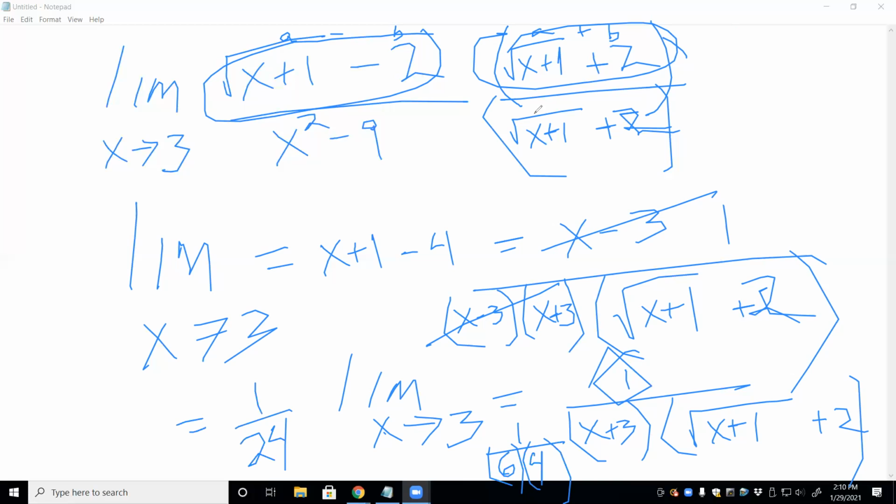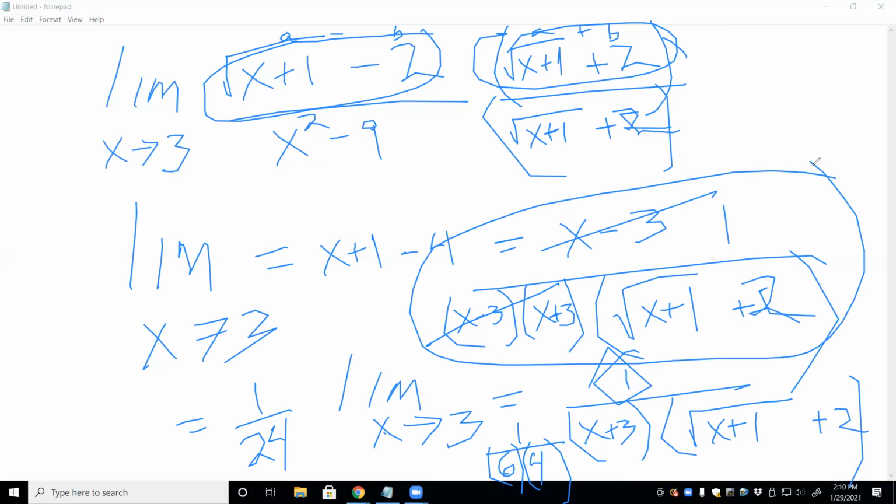We had to not only multiply by the conjugate, but then we had to factor the denominator also so that we could cancel out one of these things. So eventually when we got down to this point, it was a factoring problem. And it did produce a final number, not 0 over 0. And that's what almost always happens.